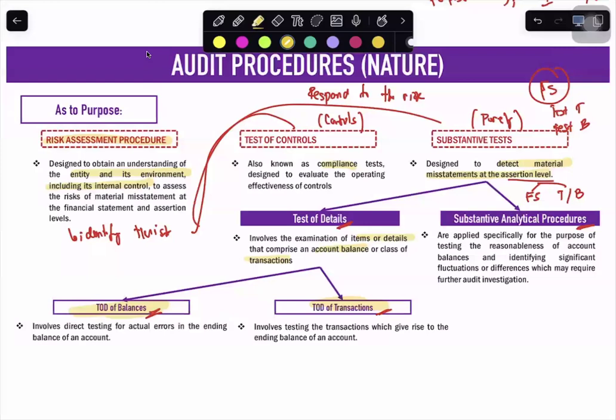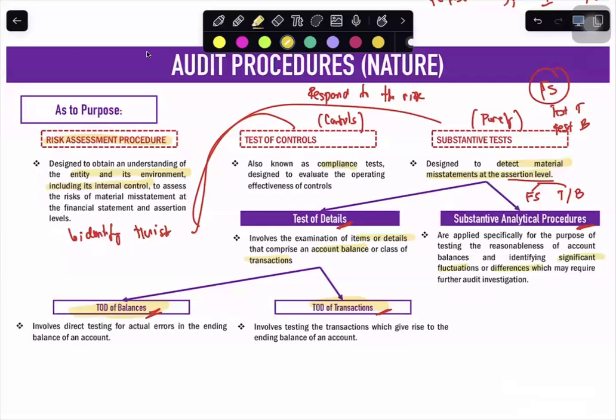And if you want to know the relationship over the items, we can also use analytical procedures. So if you want to look into the relationship of items, we use analytical procedures, and we identify significant fluctuations or differences in those relationships. So for example, you said that the sales is high.